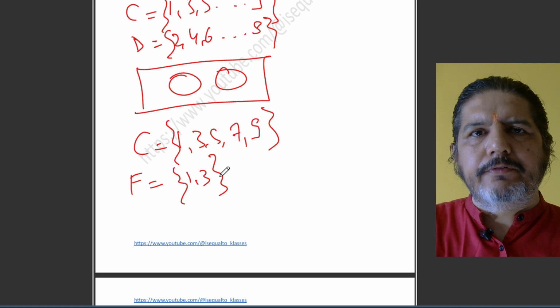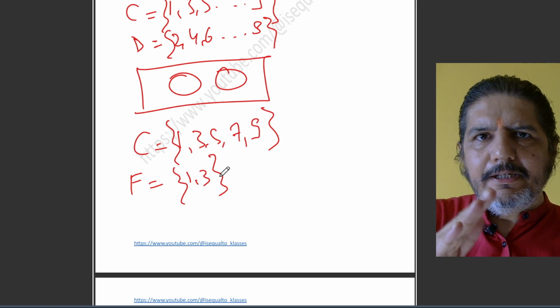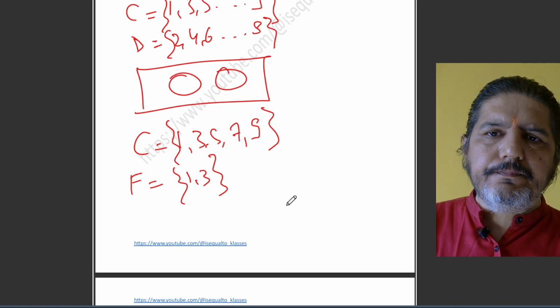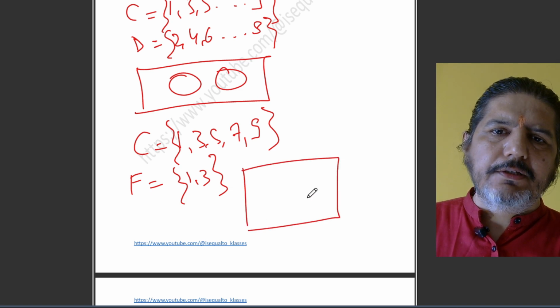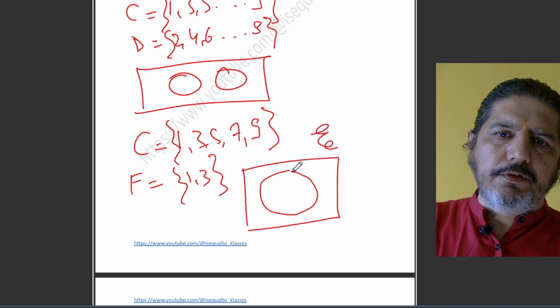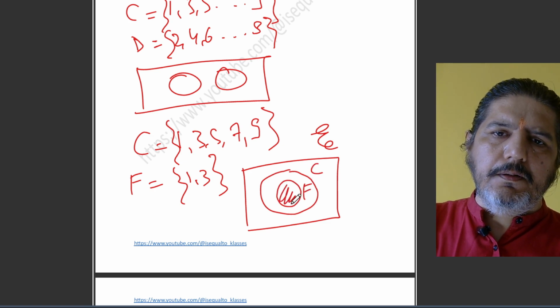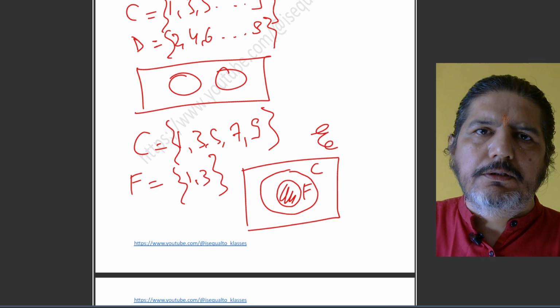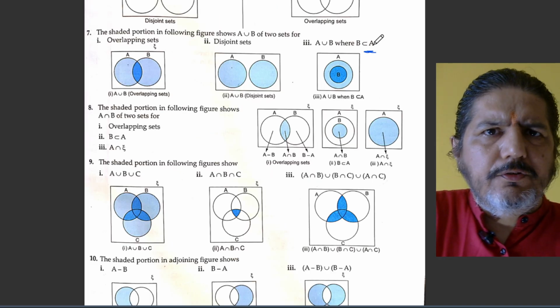So I have defined F as the set 1, 3, which is a subset of C. In my example, Xi would be the universal set, this is set C, and this F is my subset of C. So I hope this is also clear.